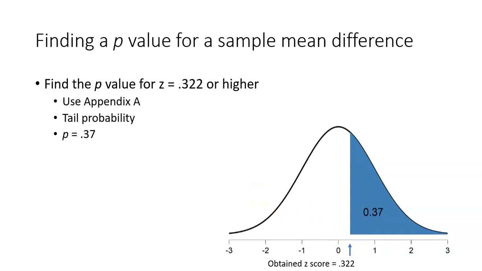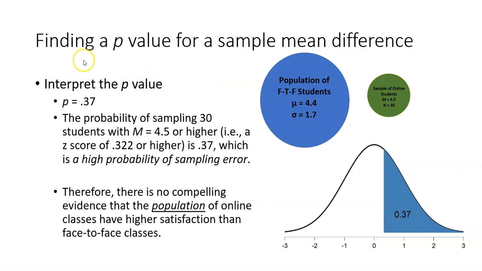Now, how do we interpret this value? So here's our p-value again. The precise, wordy way of interpreting this is the probability of sampling 30 students, that's what we got right here, with a sample mean of 4.5 or higher.